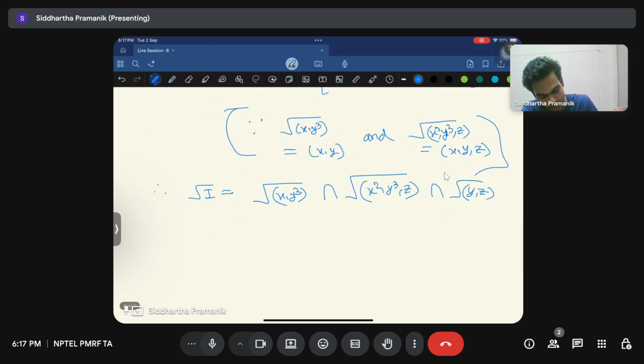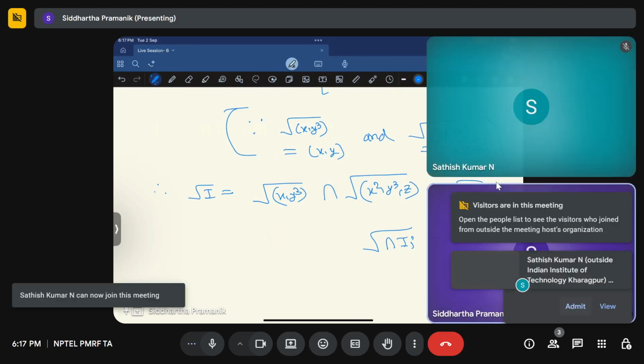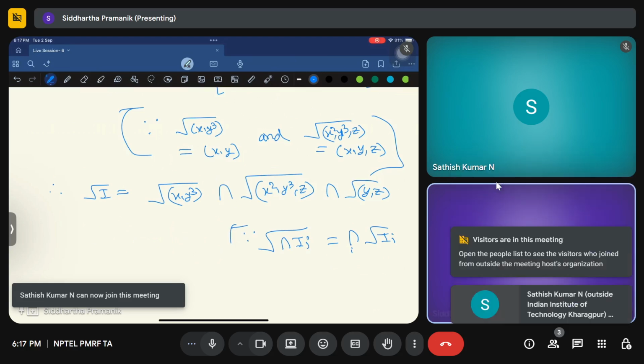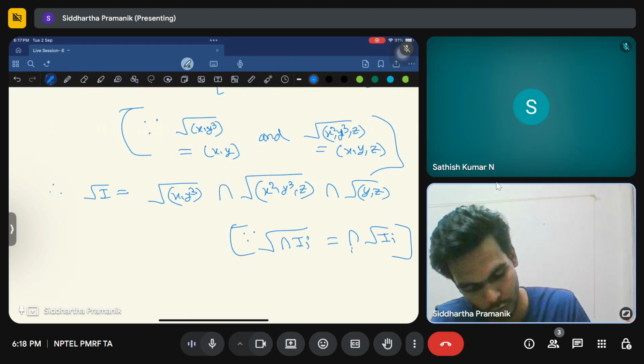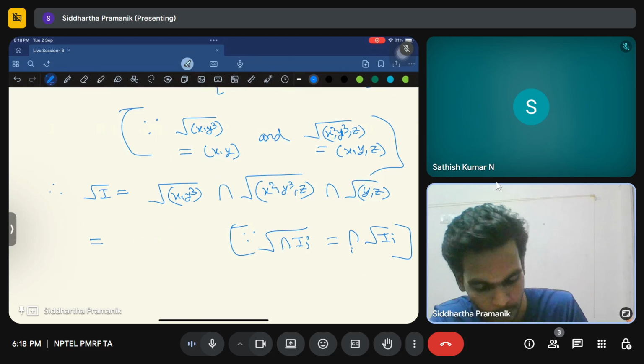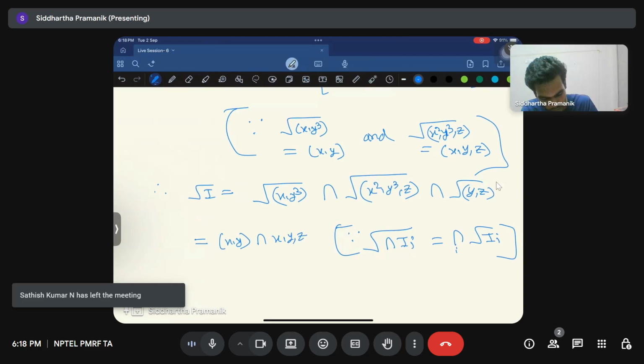This is because radical of an intersection is the same as the intersection of the radicals. So radical commutes with taking intersections. So we can write radical of I as (x, y) intersection (x, y, z) intersection (y, z).